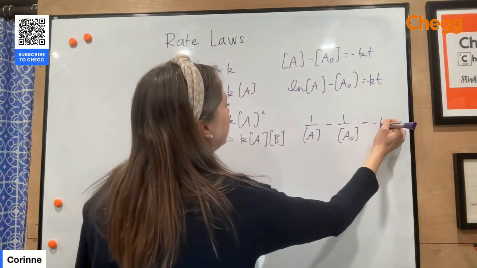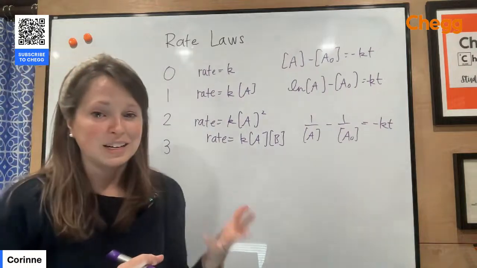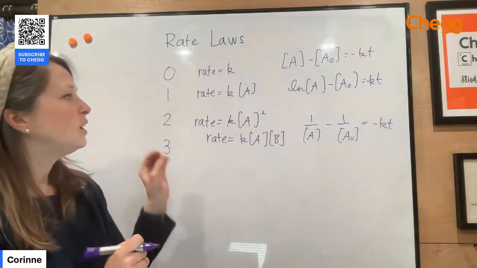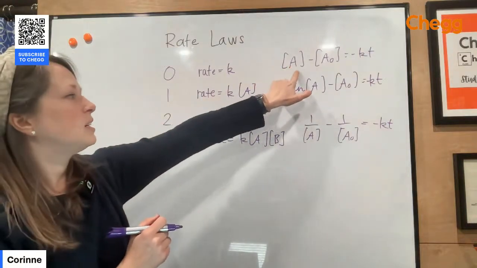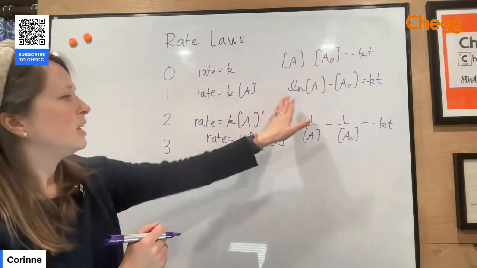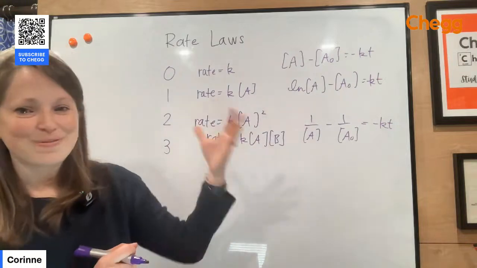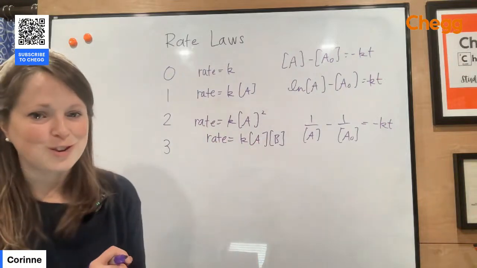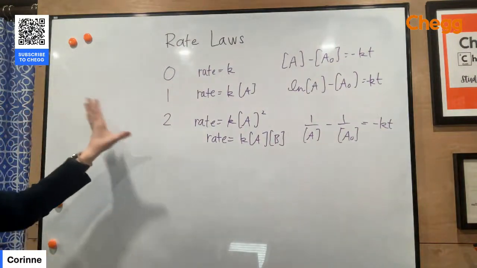And hopefully you will see a question where everything is graphed and you're asked to identify the order based on that graph. Look for the linear line, okay? If you have just the concentration over time and that's linear, this is a 0th order reaction. If it's a natural log, it's a first order. If it is 1 over your reactant, that's going to be second order. So use these clues, memorize this so you have that when you sit down to take your test.